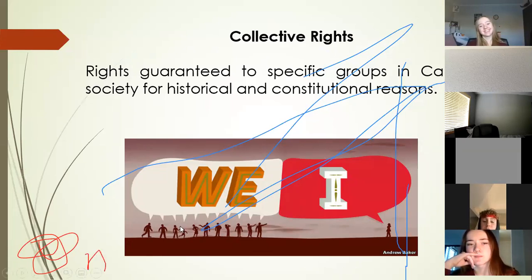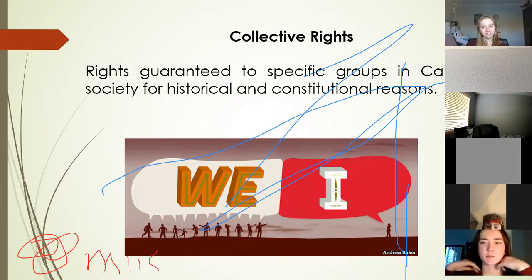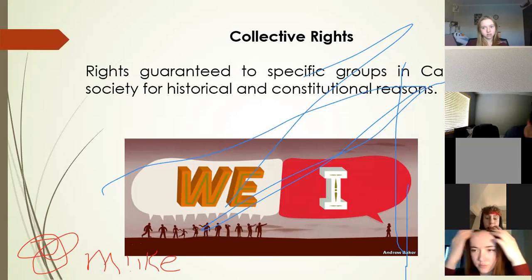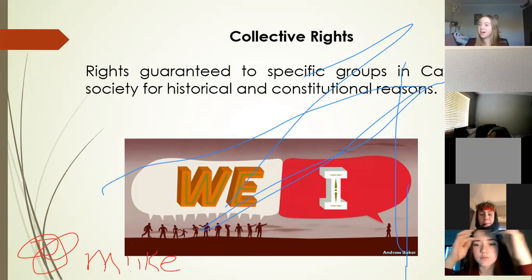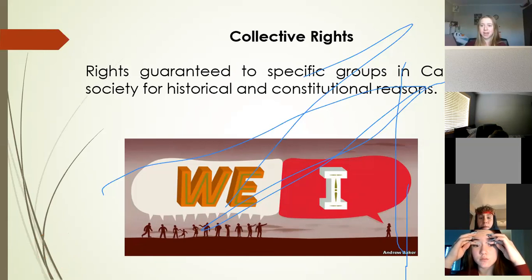Okay, Holly, why do these 3 groups have guaranteed collective rights and no other groups in Canada do? Do you remember from grade 7? I do not, but if I may guess, I would say because they're our 3 main groups.